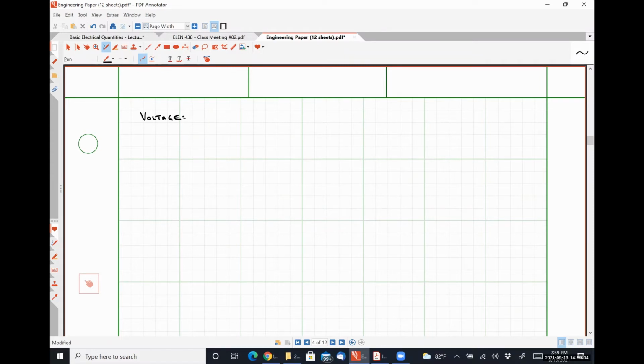And then the other one is the one we're actually going to use for the overwhelming majority of this particular class. Okay, so let's talk about the one that might be a little bit confusing. So mathematically, voltage, I'm going to call it VAB for now.